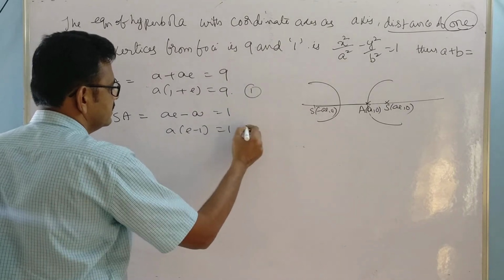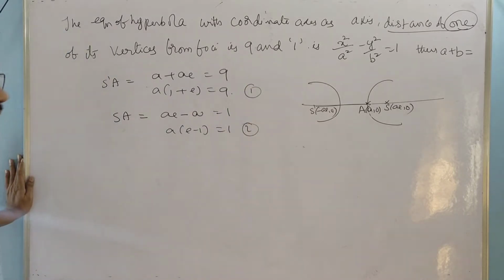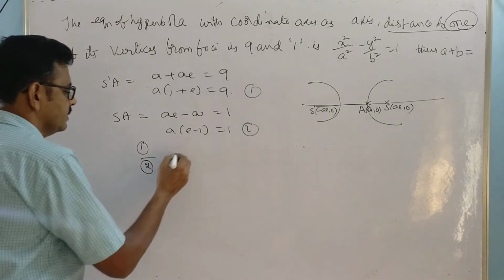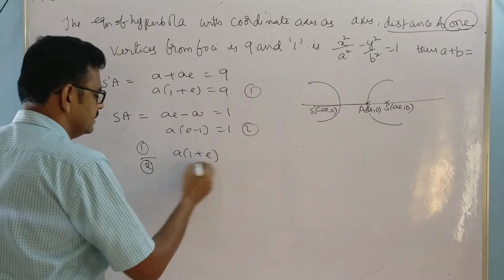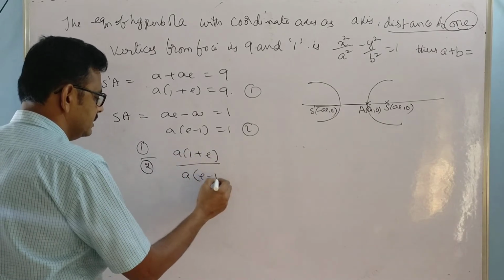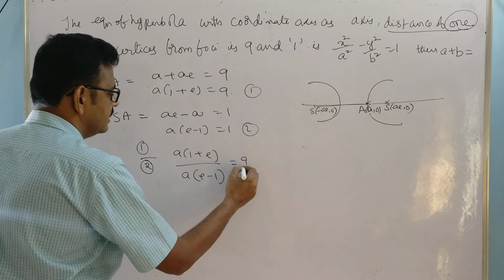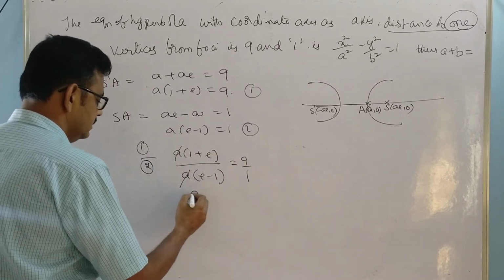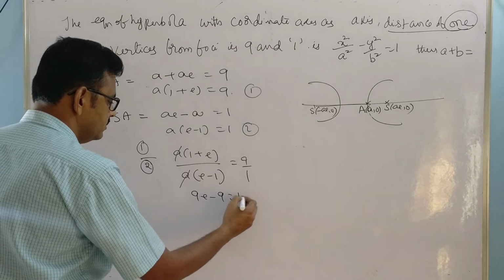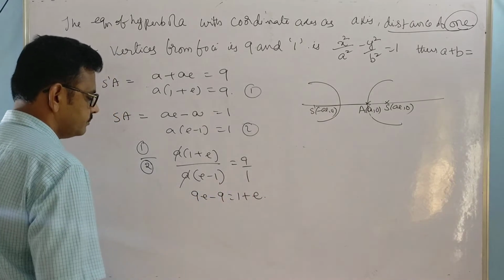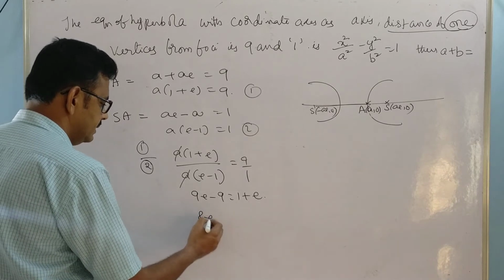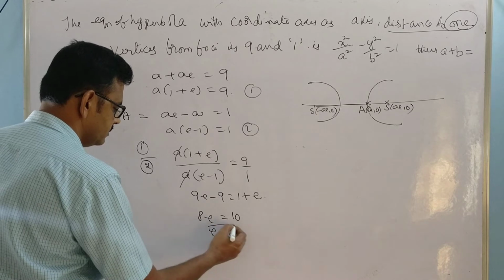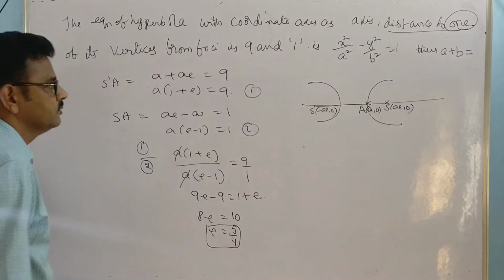So this is first, this is second. Now I have to consider 1 by 2: a into 1 plus e by a into e minus 1 is equal to 9 by 1. These two get cancelled. 9e minus 9 equal to 1 plus e. 8e is equal to 10. e is equal to 5 by 4. Eccentricity is 5 by 4.